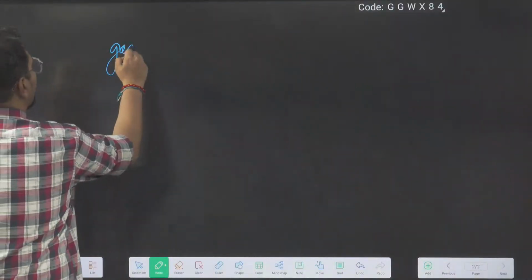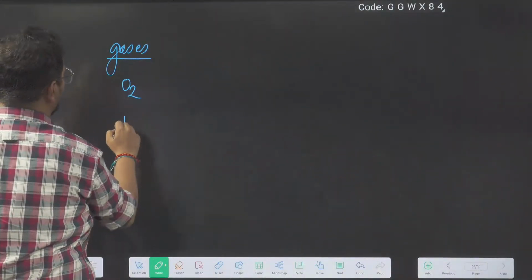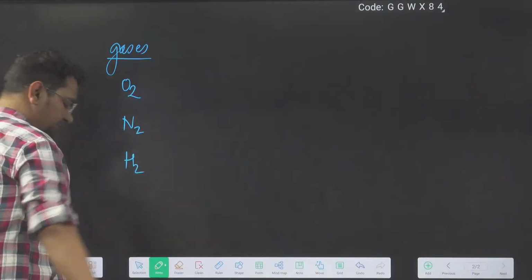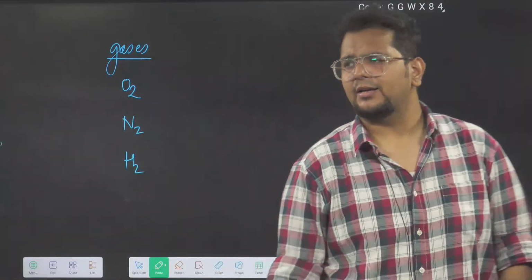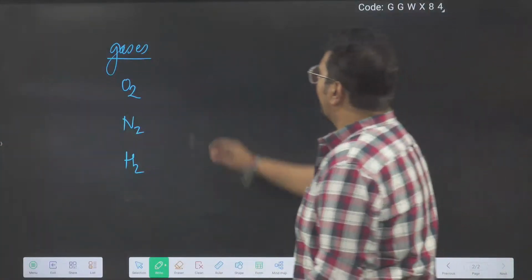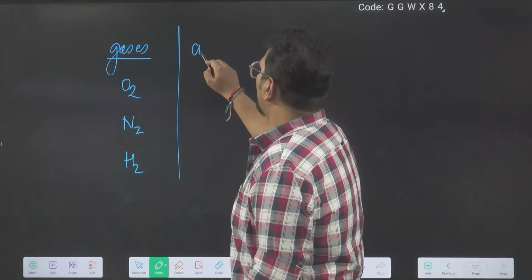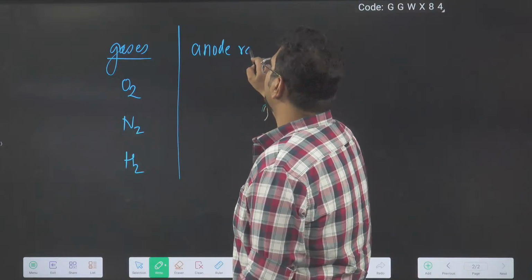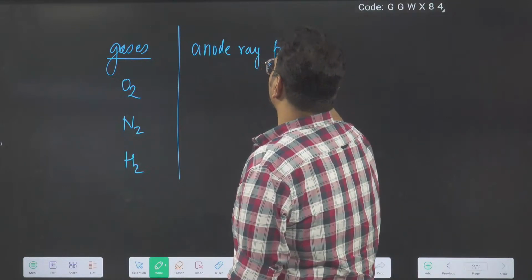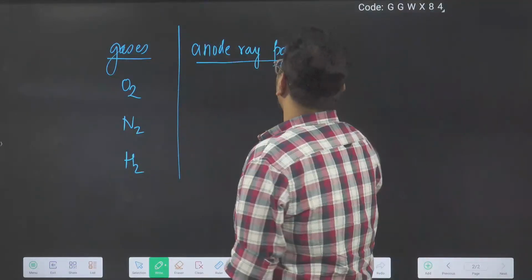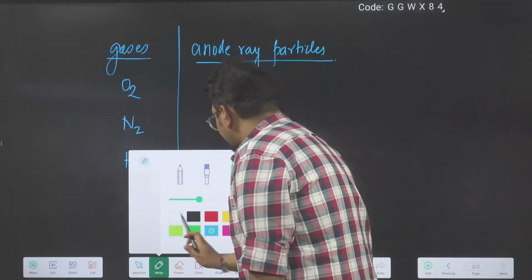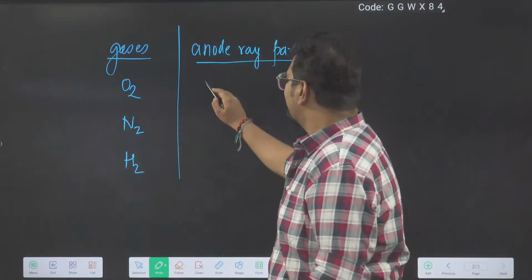I'm taking some gases in the cathode ray tube. Let's say O2, N2, H2. Three different gases in the cathode ray tube. What anode ray particles can they generate? If the gas is oxygen, I will get O+.